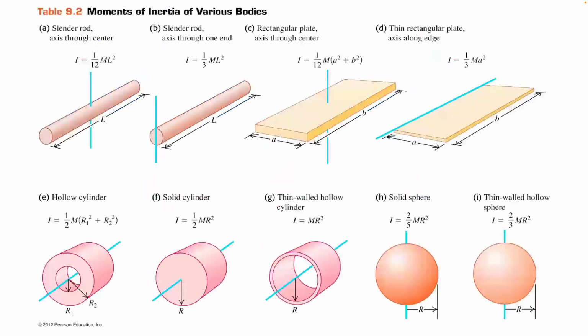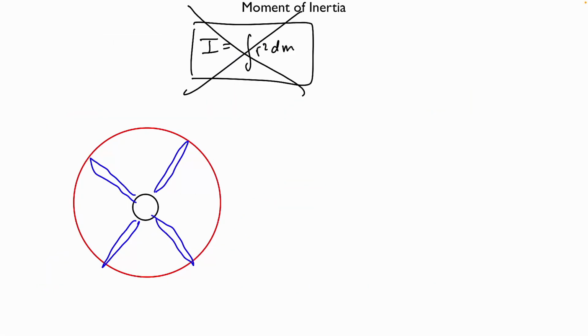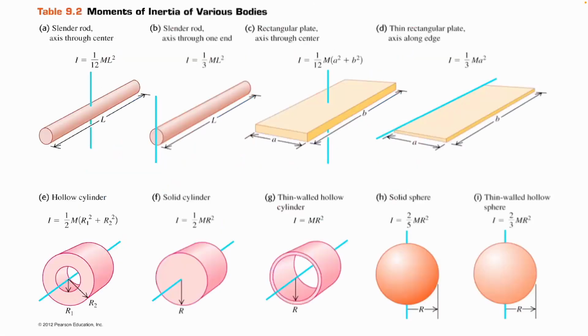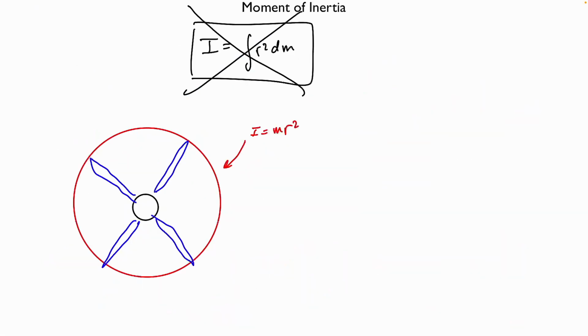So what could we pick for the tire? The thin piece of rubber around the outside. The tire is m r squared. What would I pick for the hub? A solid cylinder, so that's 1/2 m r squared.